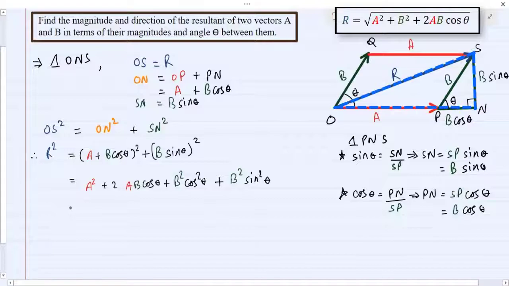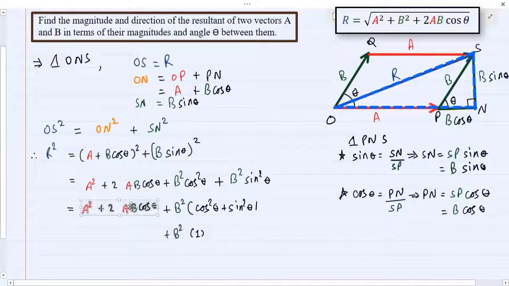Now, in further simplification, the first two terms will be as they are, and we can take B square common from the rest of the two terms. So we will get cos square theta plus sin square theta, which will become 1.